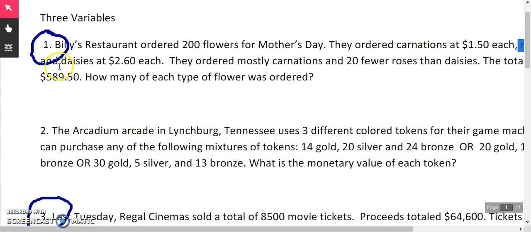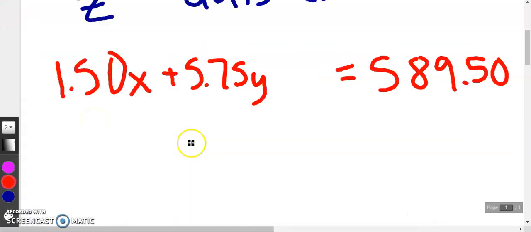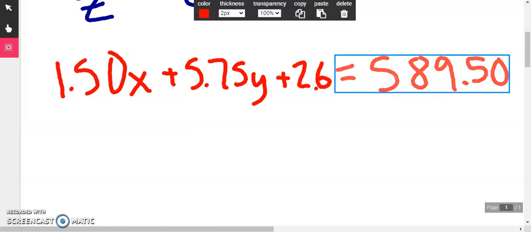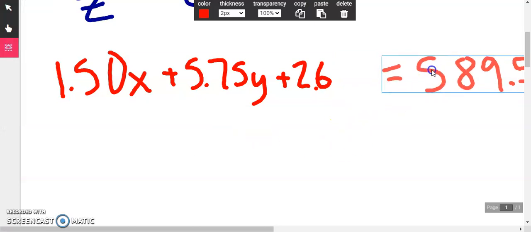And then finally, my daisies are $2.60 each, so I should add 2.6z to my equation.